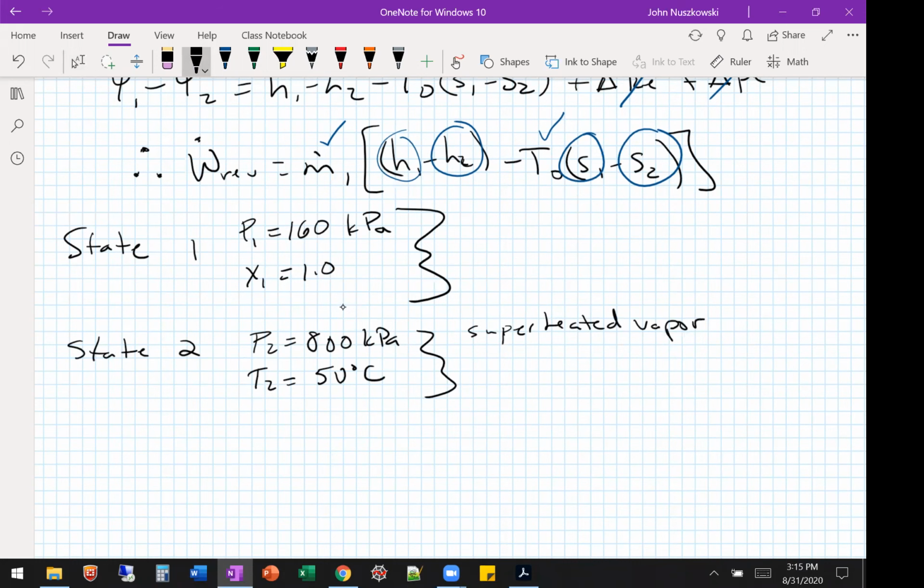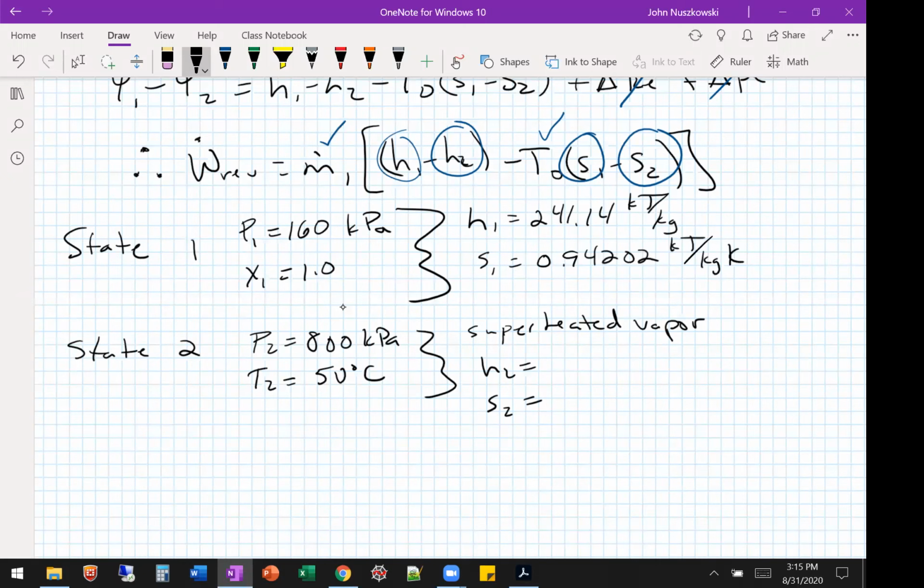All right, so now we can get enthalpy and entropy for each state. For state 1, enthalpy is 241.14 kilojoules per kilogram. And then entropy, we have 0.9422 kilojoules per kilogram Kelvin.